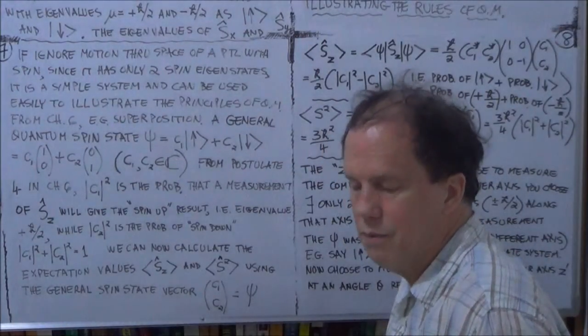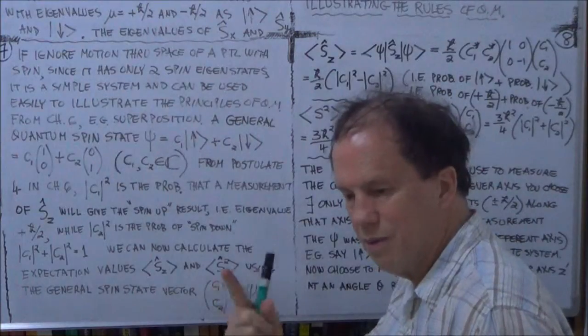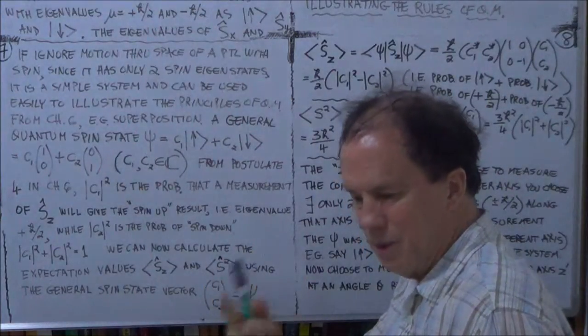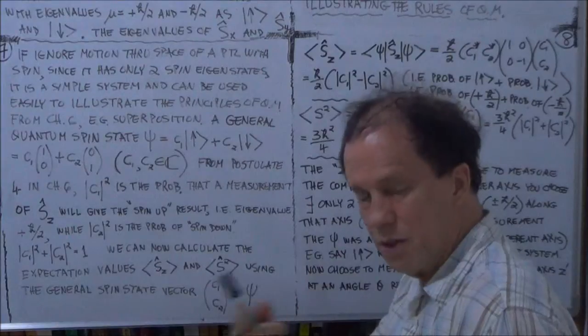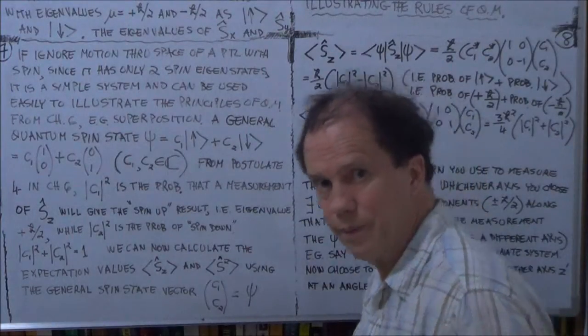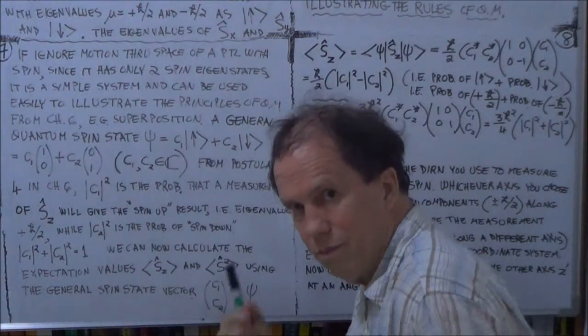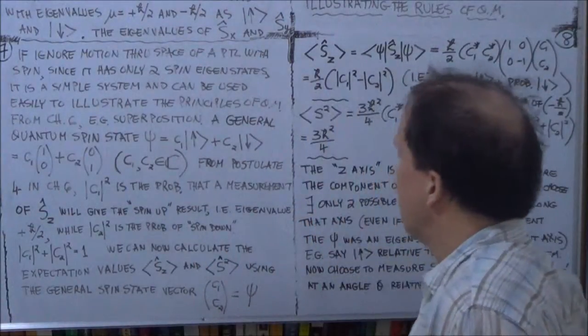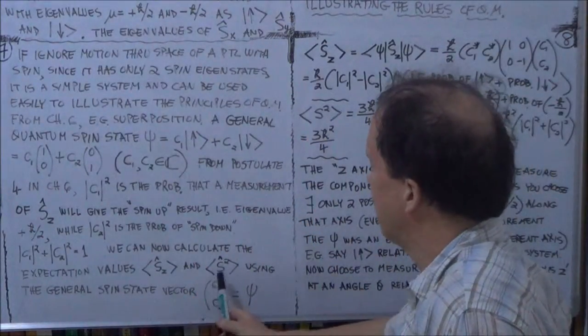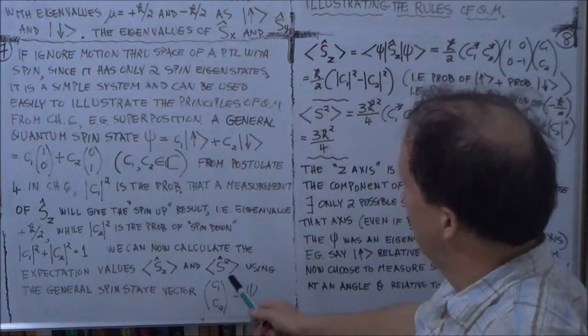If it's an eigenstate, the expectation value will just be the corresponding eigenvalue. Hope you understand what I've just said. Right? So let's do it for S_z, and then we'll do it for S squared.